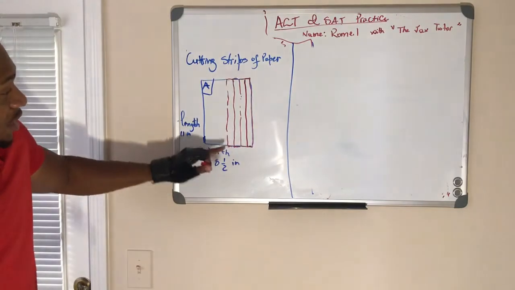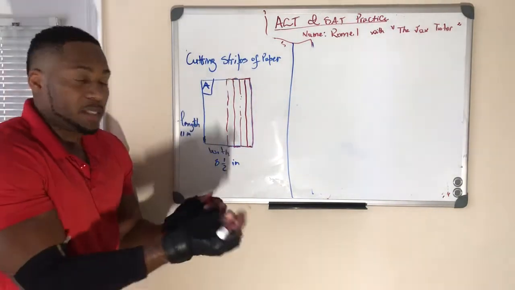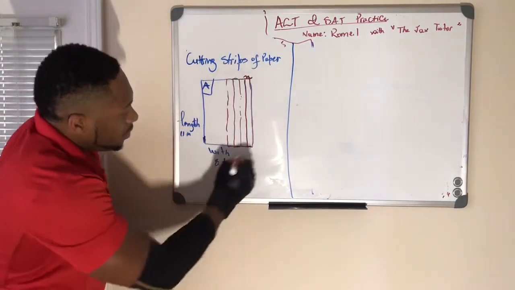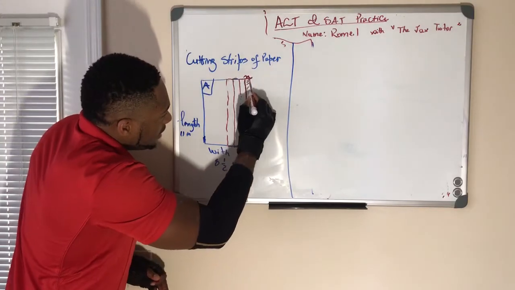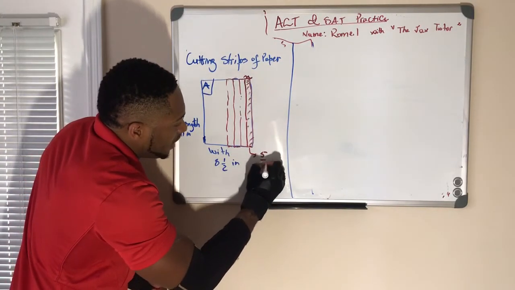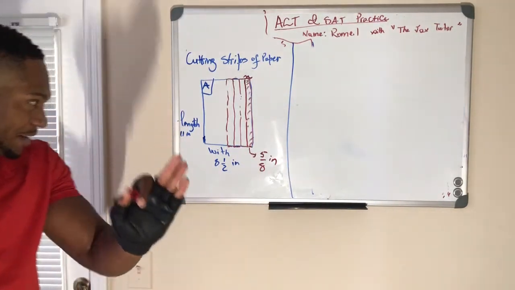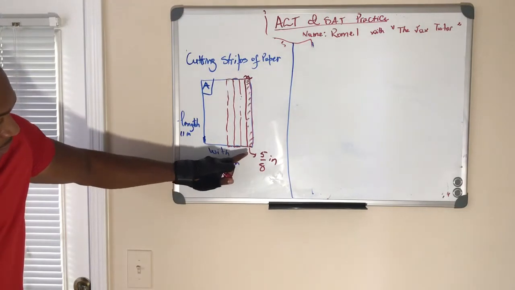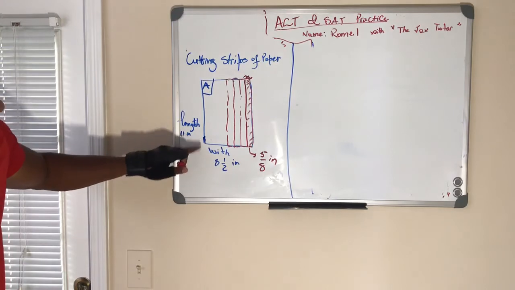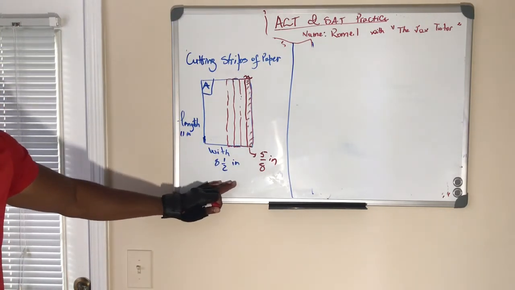I have to find a way to explain mathematically how many of those I can cut. The width of the strip that I'm trying to cut is 5/8 of an inch. Think about this: 5/8 of an inch, 1 time, 2 times, 3 times, however many times I can take 5/8 of an inch out of 8.5 inches.